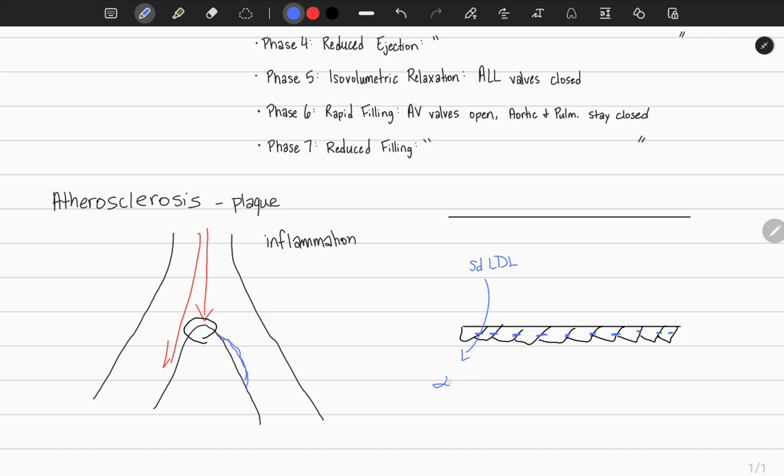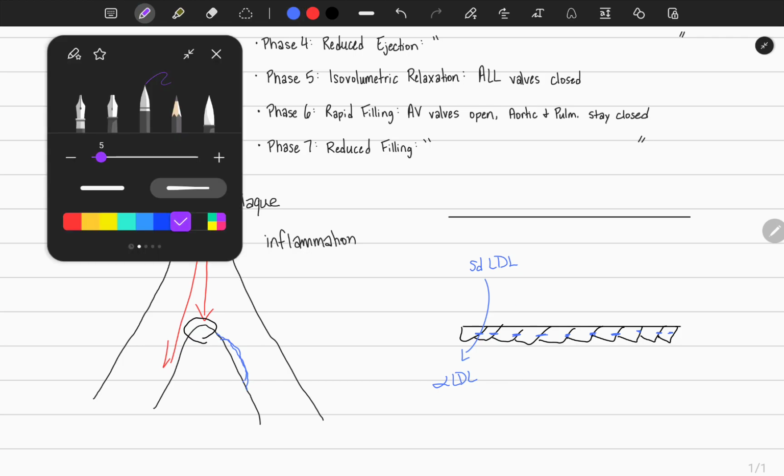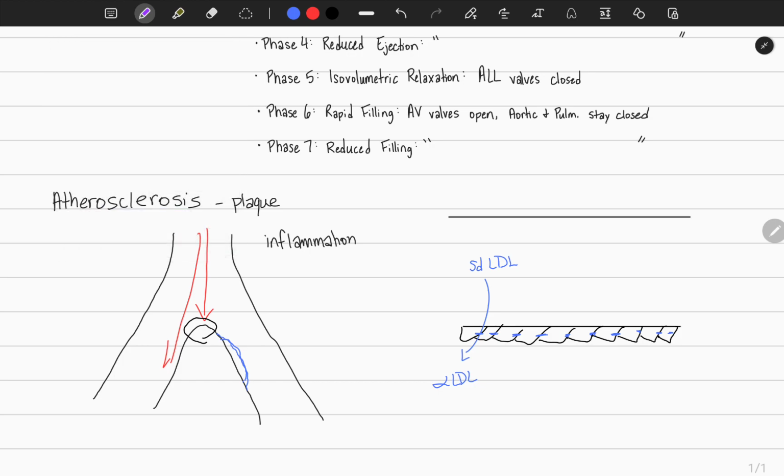And it will become alpha LDL. This is not good. What will happen is a macrophage, which is a cell that eats other cells, will eat the alpha LDL, and this is a macrophage.